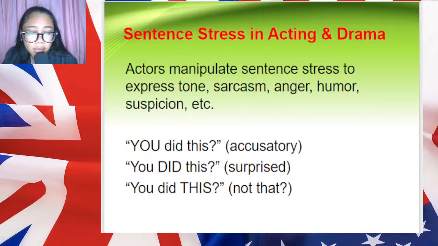Now, on the third, you did this. Again, you did this. Stress lands on the word this, the object. Now we convey judgment, disdain, sarcasm, all those tones are included here.